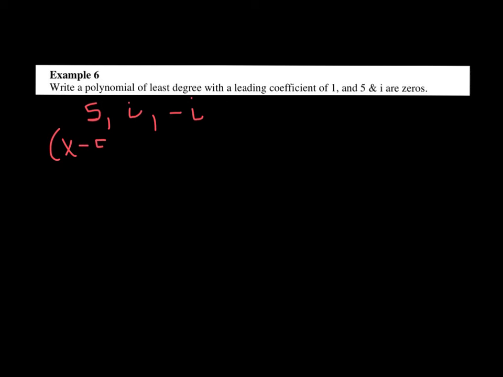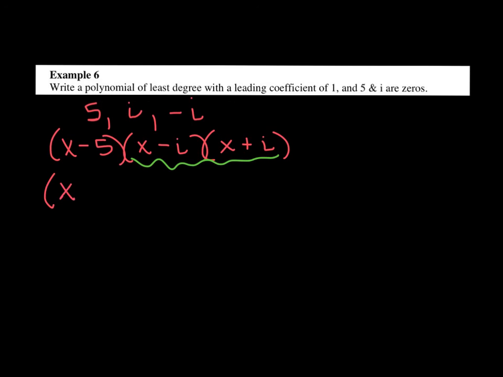Okay, now we're going to put them into factors. x minus 5, x minus i, and x minus negative i. I know that multiplying conjugates is the easiest, so I'm going to multiply them first. I have to multiply the firsts and the lasts.